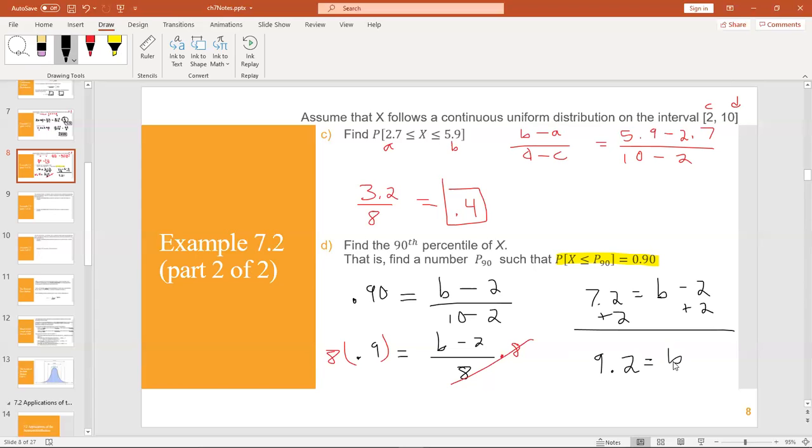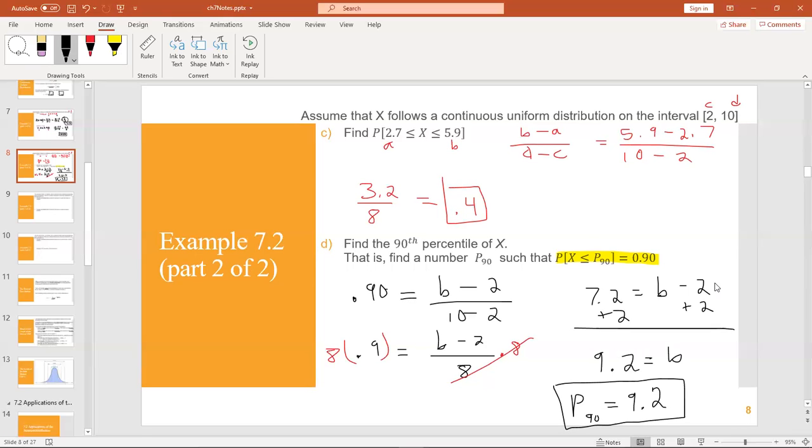So that's b, or in this case, they're calling it P sub 90. P sub 90 is 9.2. And that's going to live at the 90th percentile, which means that it accounts for 90% of the results.